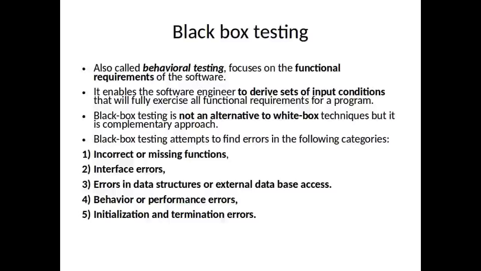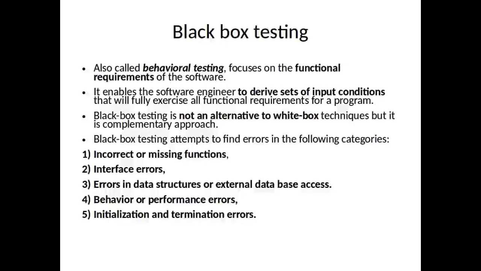Black box testing attempts to find errors in these categories: incorrect or missing functions, interface errors, errors in data structures or external database access, behavior or performance errors, and initialization and termination errors.